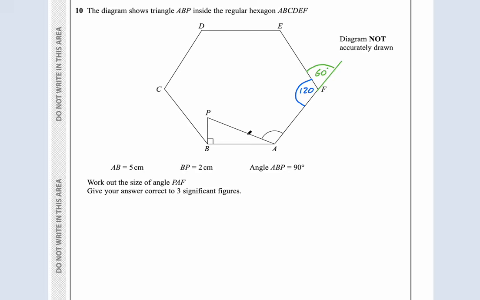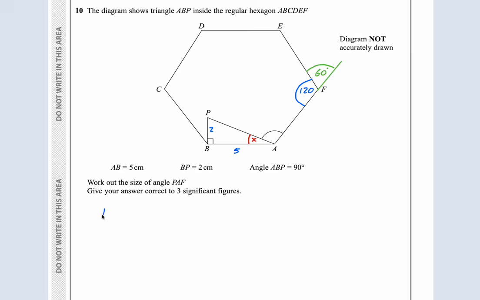So if I could just find this angle here, let's call it X, I can then just subtract that from 120 to give me this angle. Now I know AB is 5 and BP is 2, and this is a right angle triangle, so I can use SOHCAHTOA.